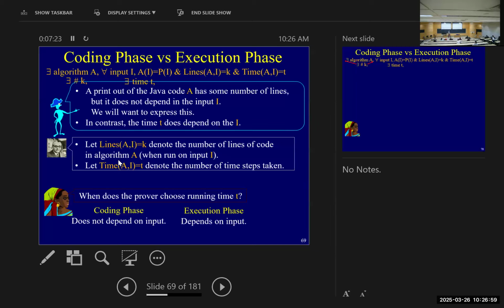The point of this slide is to get you to deeply understand forall and exists. That's my point of the whole course. My goal here is to be able to say things about computer science in logic.